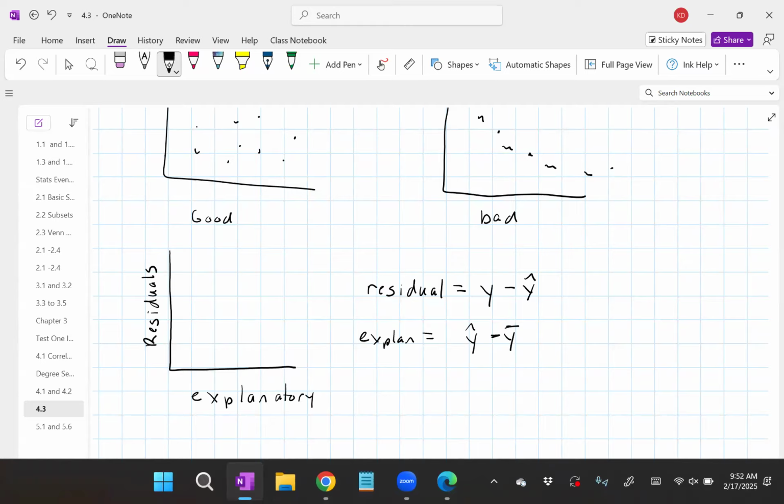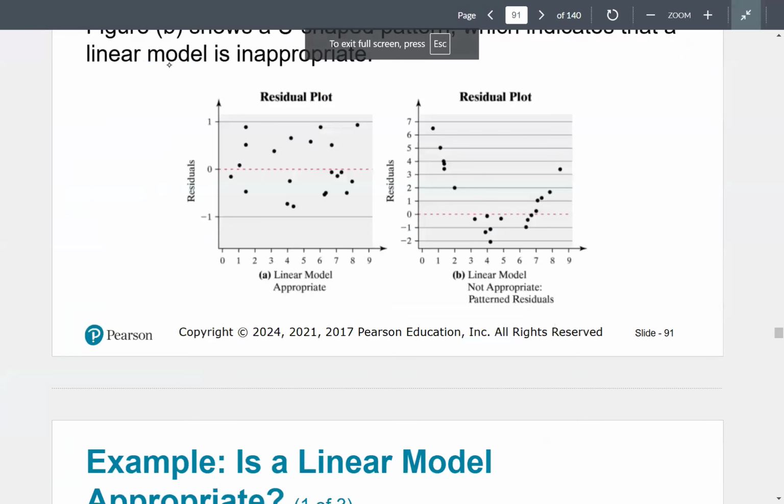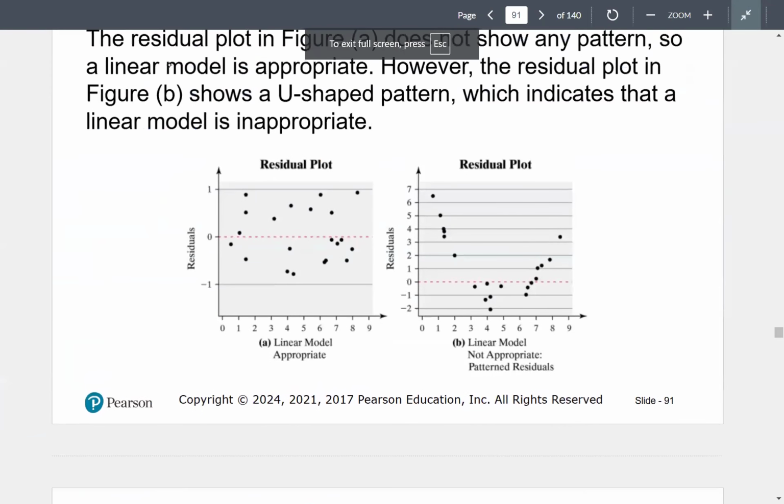So this is here. The plot on the left is a good plot. Our differences are kind of all over the board. Some of them are big, some of them are small, but they don't create a shape. The one on the right creates a shape. You can see almost a parabola, where you go down and go up. That means there's probably something else going on there.